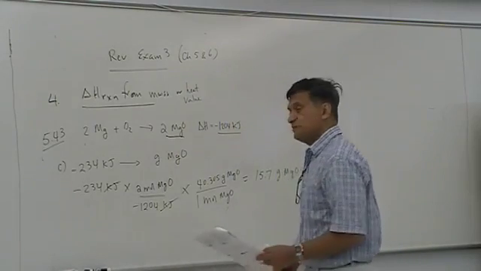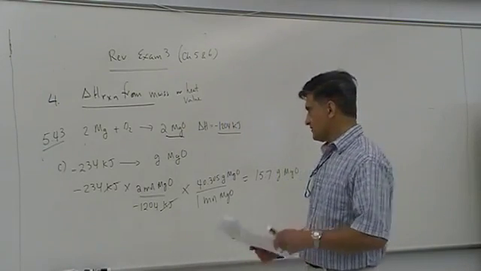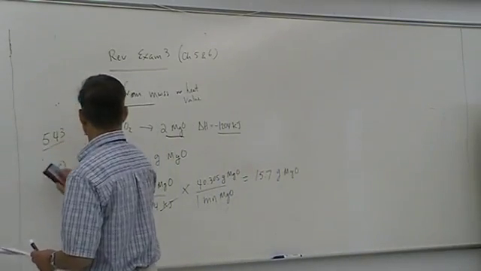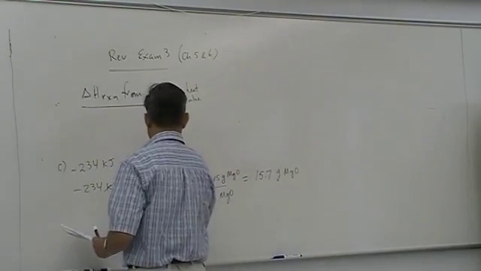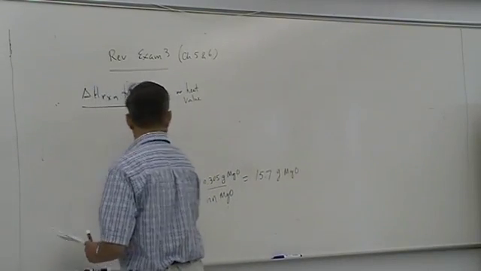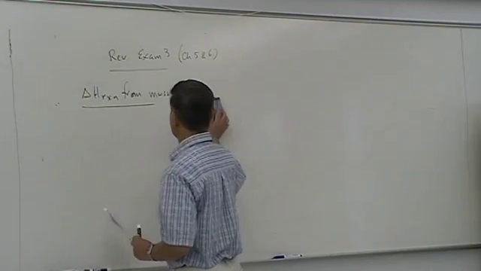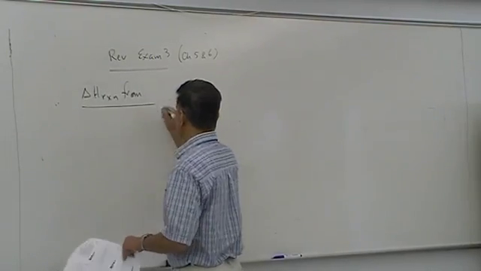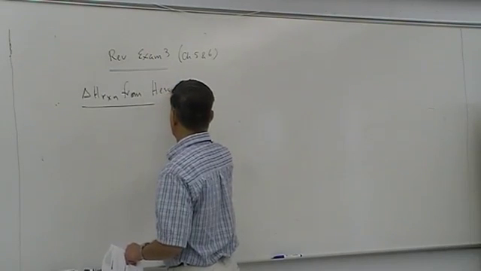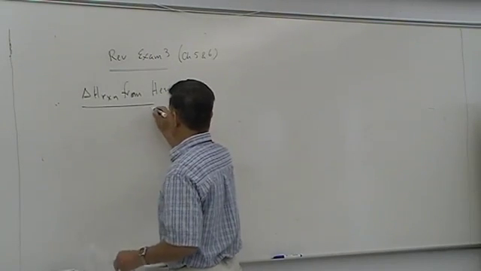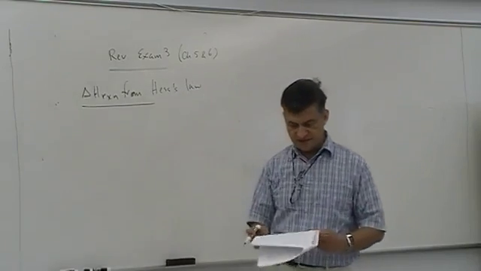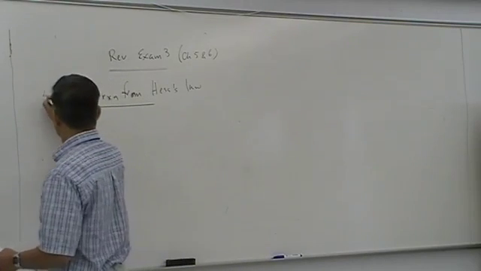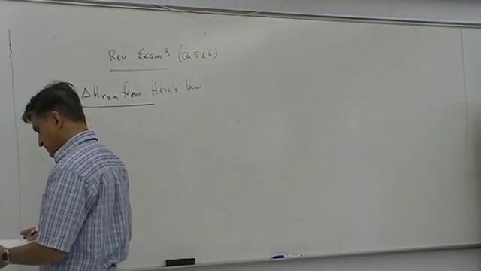Next type of problem would be application of Hess's law for heat of reaction calculation. Again, I'm picking this particular problem from the book, but there are many other problems.